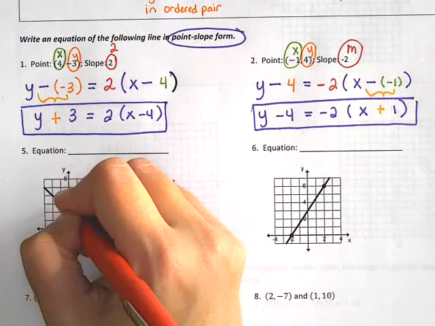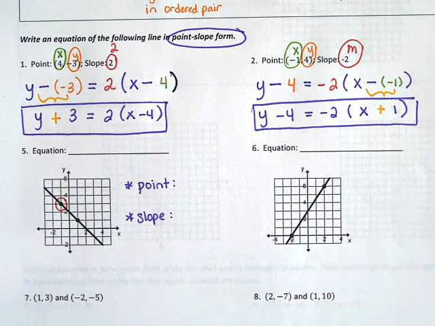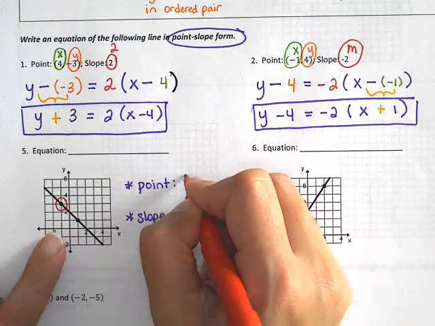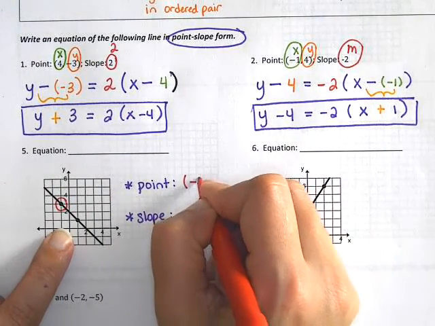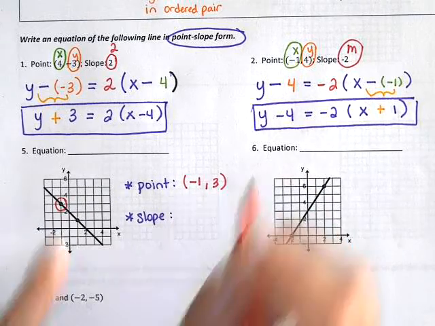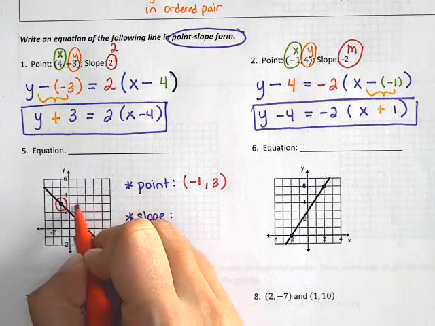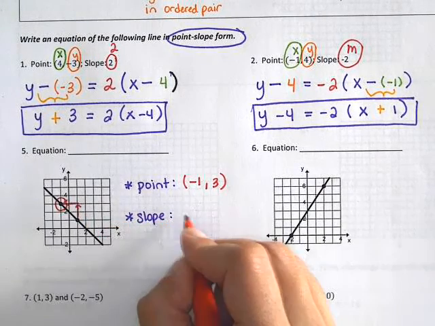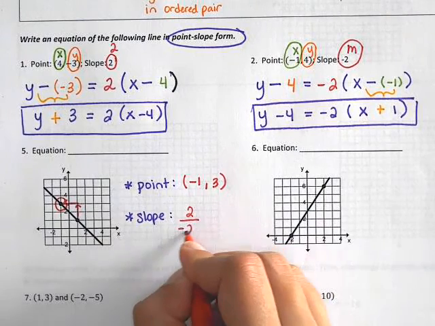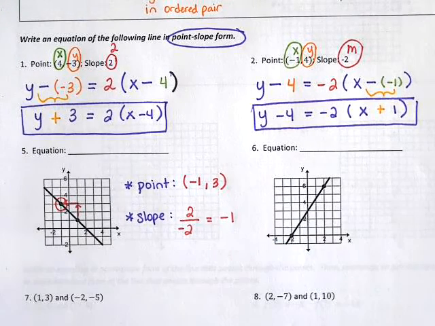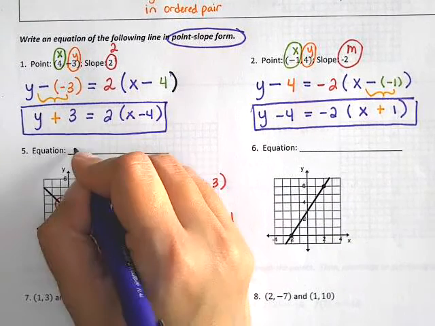I usually use the point that's farthest to the left. That ordered pair would be the point, negative 1, 3. Now for the slope, I would just do rise over run. So I would go up 2, left 2, which simplifies to negative 1.